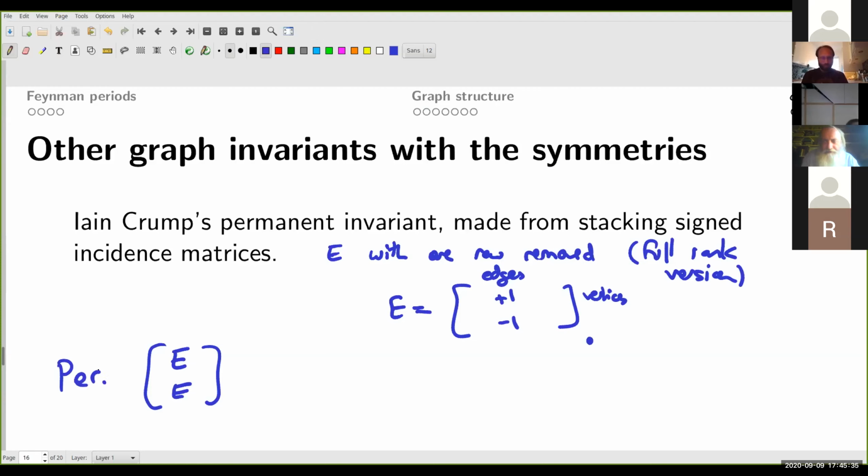And then you can take the permanent of that matrix, and then you say, I don't like permanents. They're bad objects from the point of view of linear algebra. But they're not bad objects if you take them modulo 1 more than the number of copies that you've stacked up. So this you want to take mod 3. And for some other one, you might stack it up a different way, and you take it modulo 1 more than the number of copies you've stacked up.